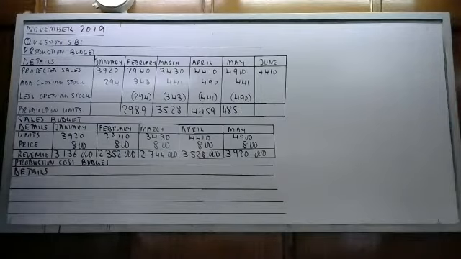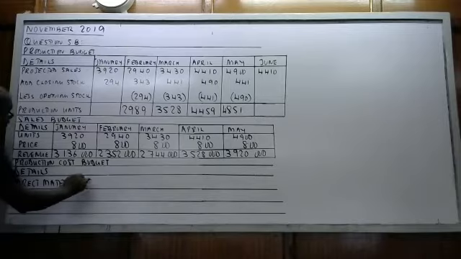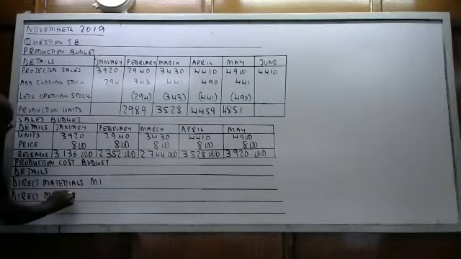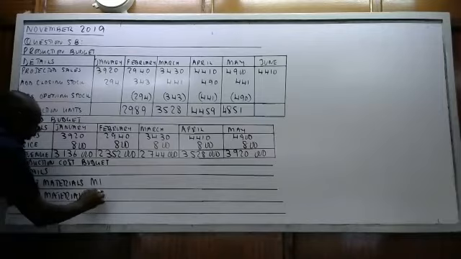Now, ukiangalia kwa production costs, tumepewa direct materials. Oh, there are two materials, eh? So direct material M1, direct materials M2.